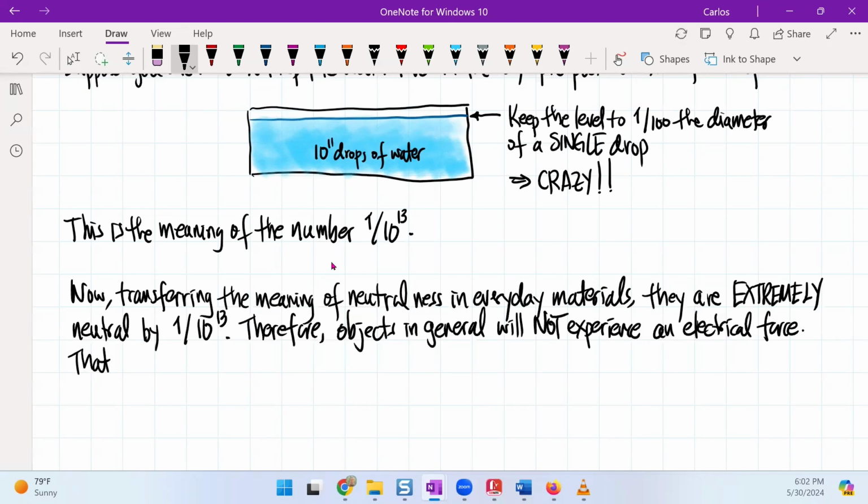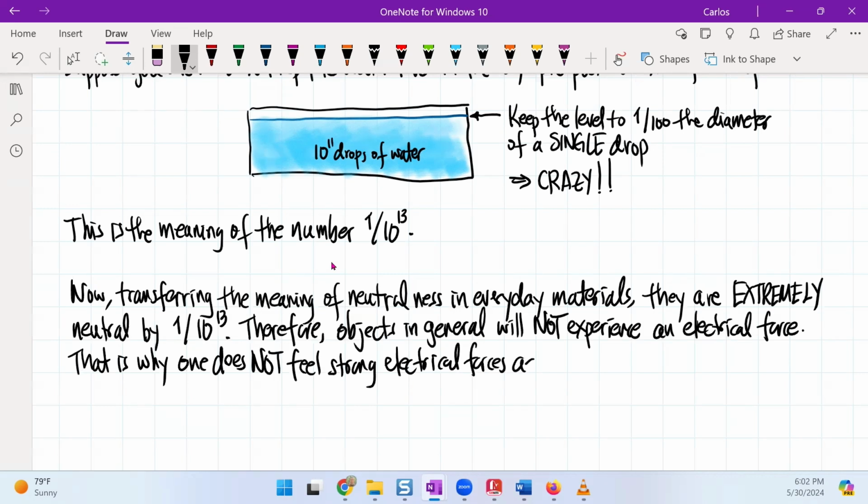That is why one does not feel strong electrical forces acting on you.